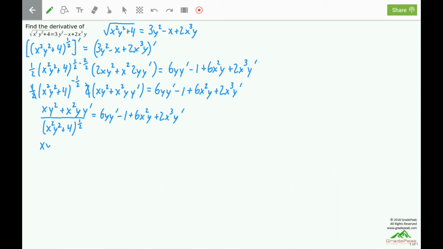In the next step, I'm going to rename the positive 1 half power in the denominator as the square root. It's customary to put it under a radical, in the case when it's a 1 half power, to rename it square root. Again, leave the right side alone.